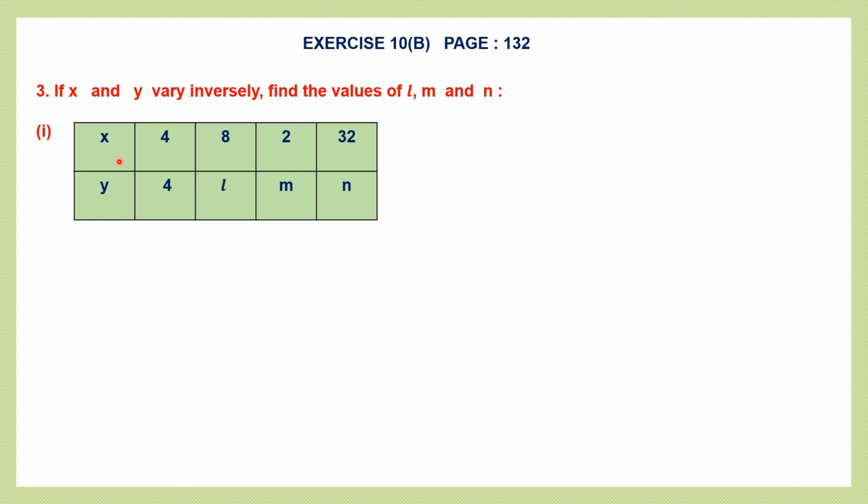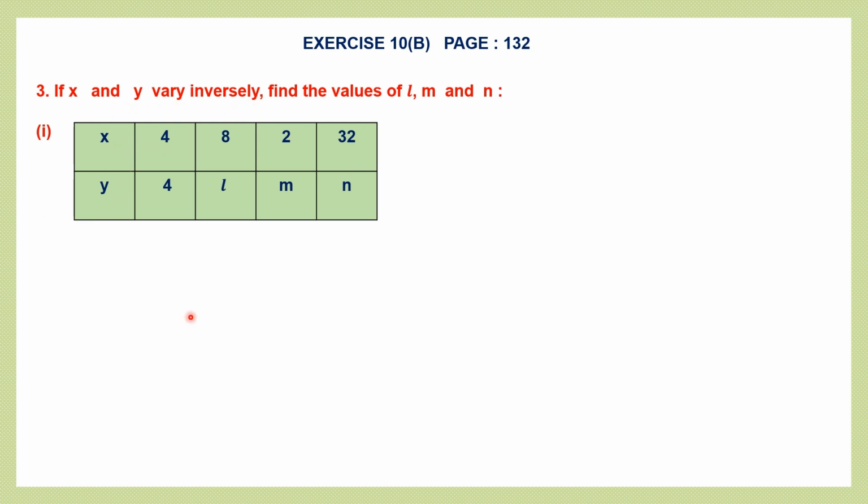So when x and y vary inversely, the product of x and y will be a constant. That means x1 into y1, which is 4 into 4, will be equal to 8 into L, that is x2 into y2. That will be equal to x3 into y3. That will be equal to x4 into y4. So in inverse variation, we have to find the product of x and y.